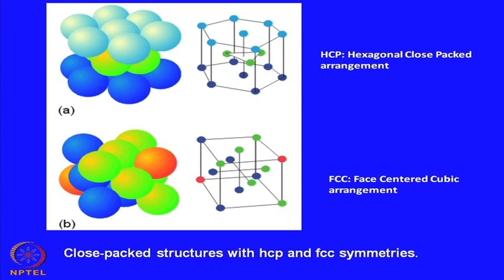So, that also you have to remember, although their unit cells are different, the basic symmetries are different, just because both of them have the close packed arrangement, all the atoms are touching each other in the closest possible manner. Therefore, the volume fraction occupied by the solid is the same, or in other words the open space available is also the same.